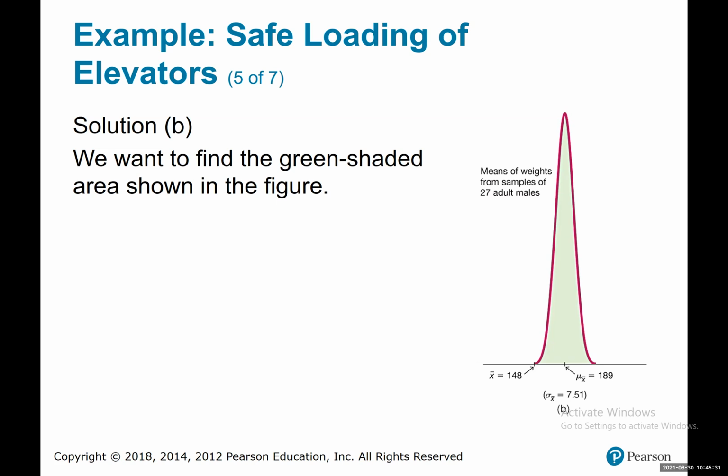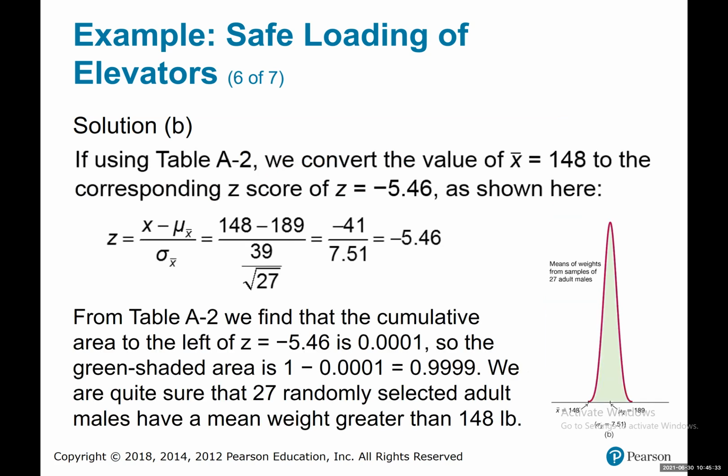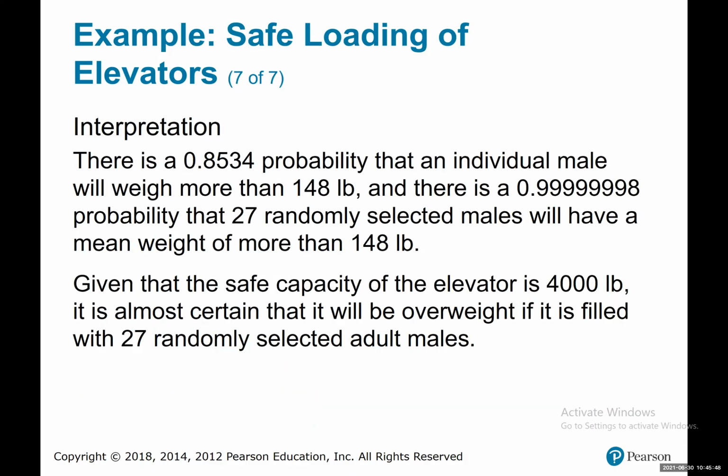So 0.99. We are quite sure that 27 randomly selected adult males have a weight that is greater than 148. So it's about 100% sure.